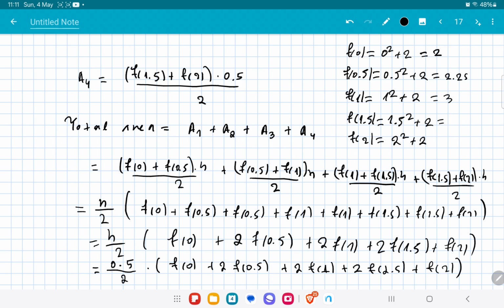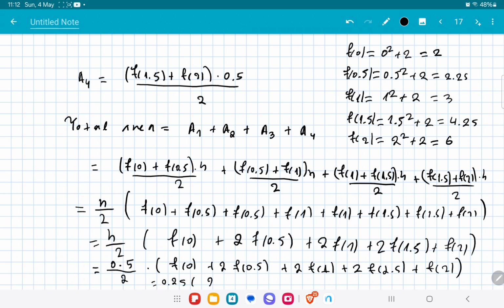Then we have 1.5 to the power of 2 plus 2, which is 4.25, and then you have this value 6. The factor is going to be 0.25.